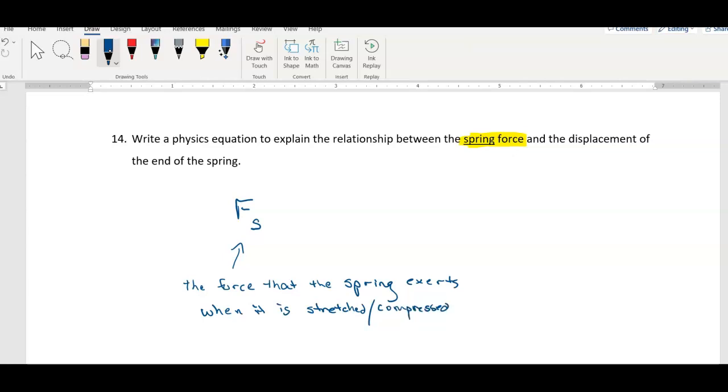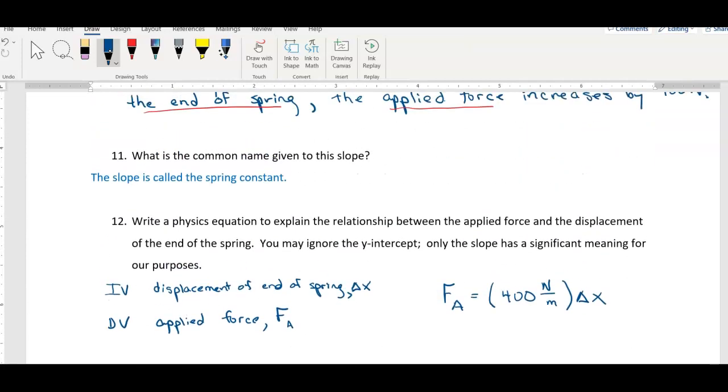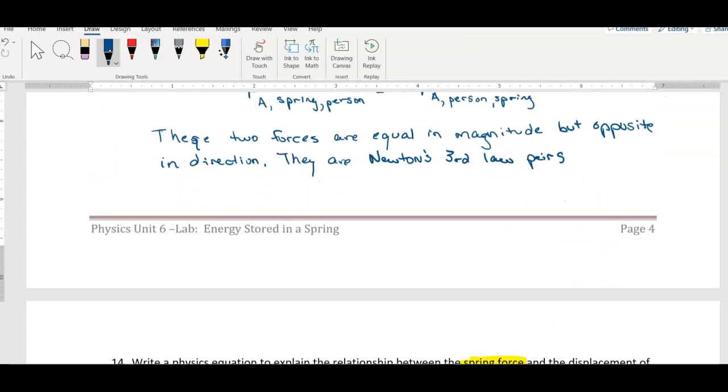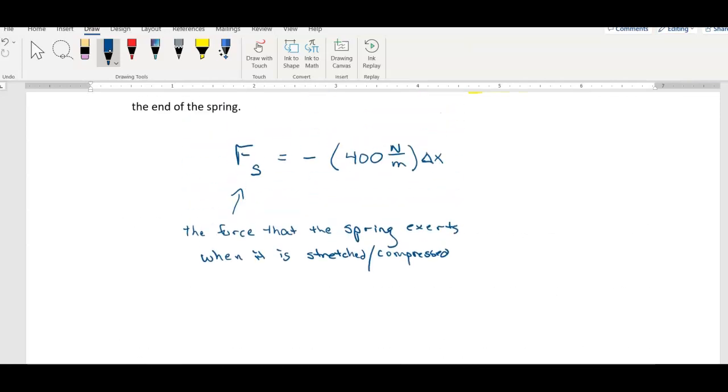Well, it's going to have the same amount of force as the applied force, but in the opposite direction. So I'm going to put a negative sign there because I know it goes in the opposite direction. But otherwise, it's the same amount of force. So the slope will be the same, and the relationship is the same, right? So this equation is very similar to the equation for the applied force. The only difference is that now it has a negative sign. This one does not have a negative sign for the applied force. For the spring force, we do have a negative sign. Okay.